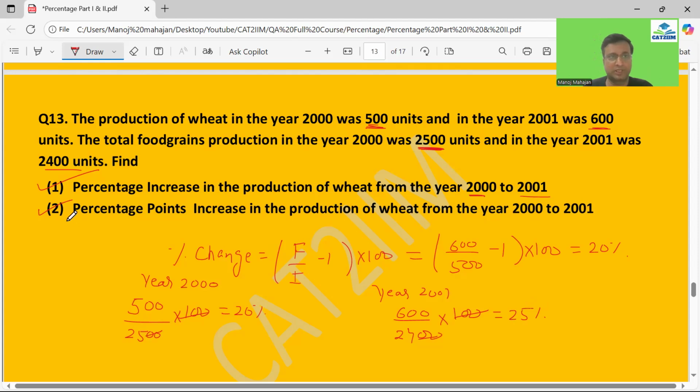So the answer to the second part is nothing but 25 minus 20, that is 5%. So the percentage points increase in the production of wheat from the year 2000 to 2001 is 5%. This question helps you understand the difference between percentage increase and percentage points increase.